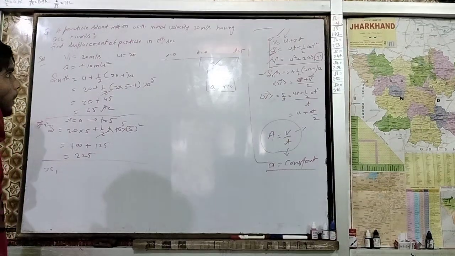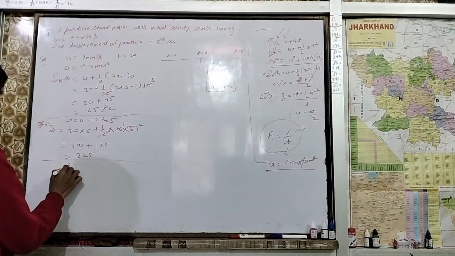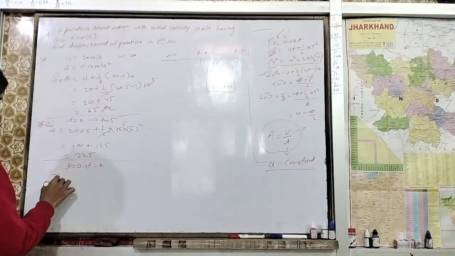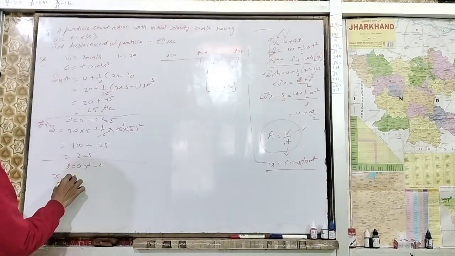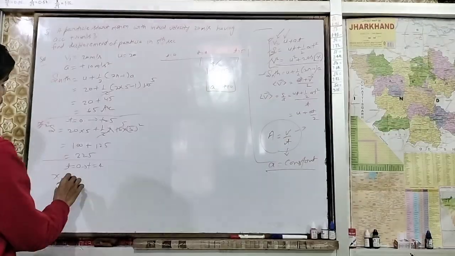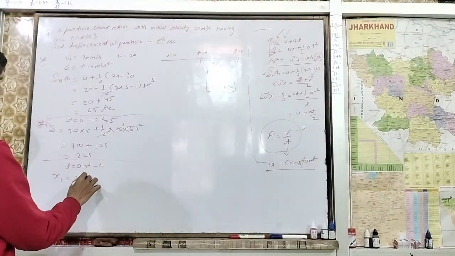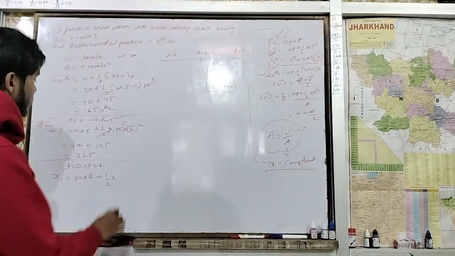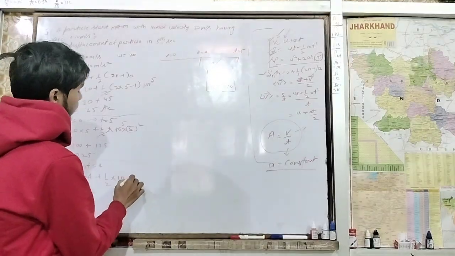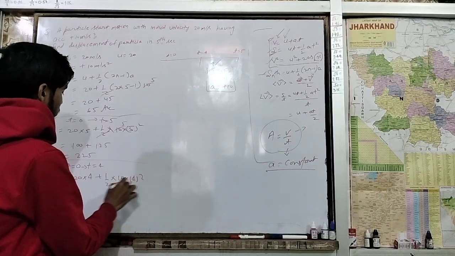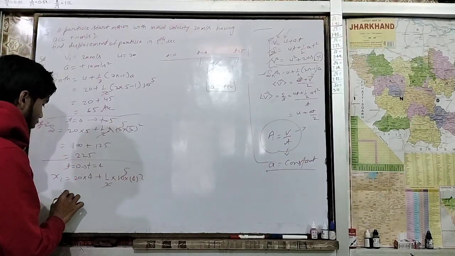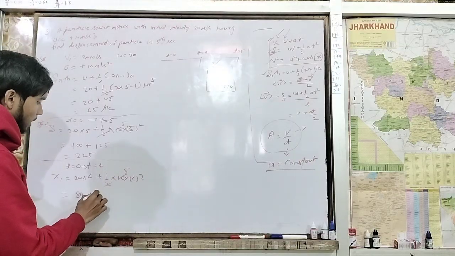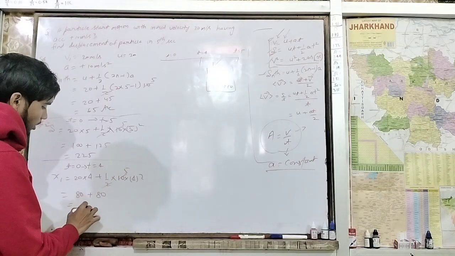For x1, where t is equal to 4, x1 will be 20 multiplied by t, now 4, plus 1 by 2 multiplied by a, which is 10, again multiplied by t, 4, raised to the power 2. So 5 10s are 50... 5 5s are 25, 80, plus 5 4s... 5 16s are 80, again 160.